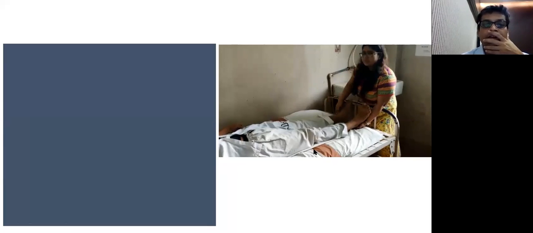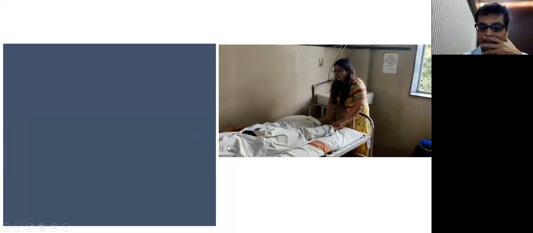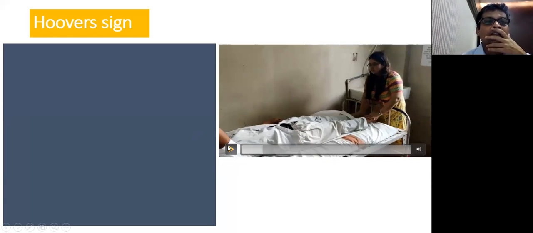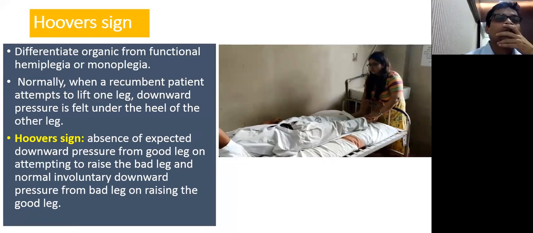So we'll see the description. Right leg go down. Then again we'll see the video. So this is Hoover's sign, used to diagnose psychogenic or functional hemiplegia or lower limb weakness. Normally in supine position, when a person tries to lift one leg, the downward pressure is felt under the heel of the other leg. So what is Hoover's sign?